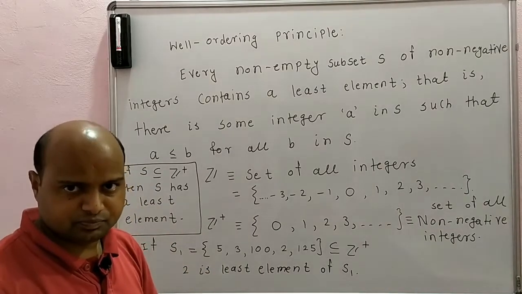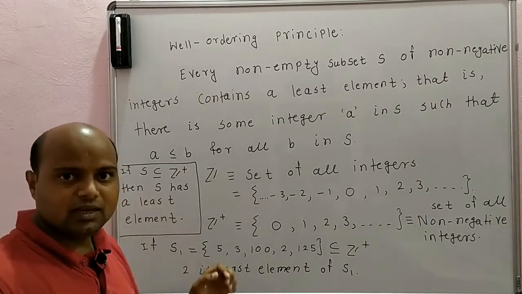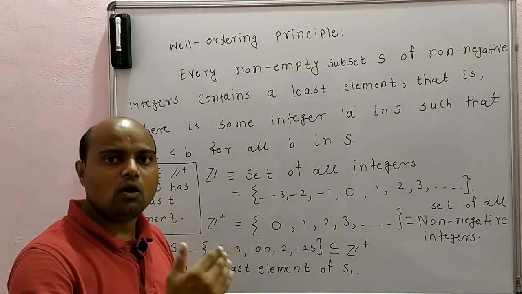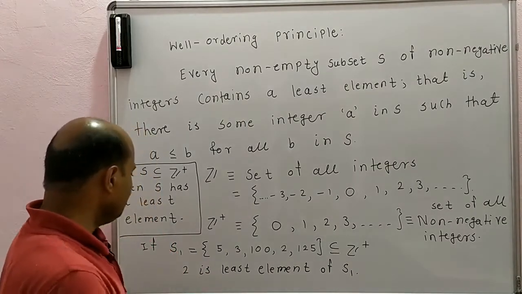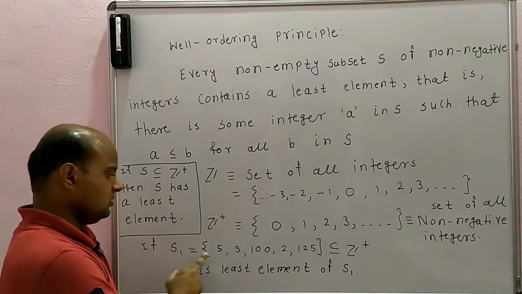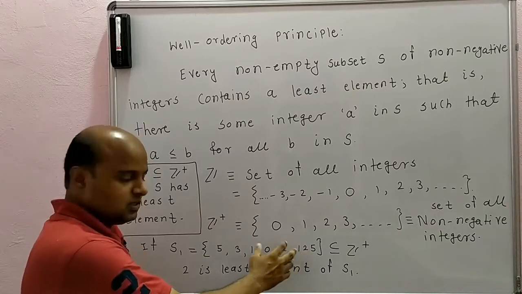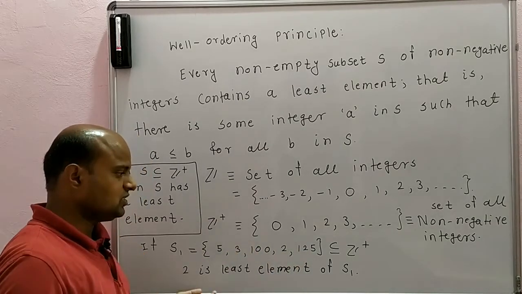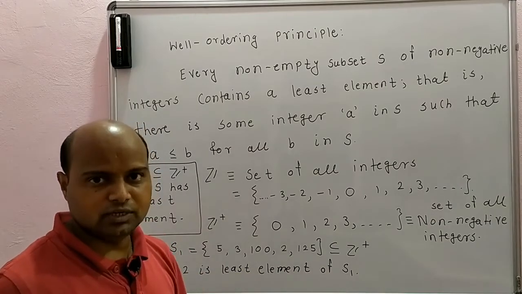That is, there exists an element A in S such that A is less than or equal to all other elements of S. We will see, for example, if we take S1 to be the set 5, 3, 100, 2, 125, this is a set S1 which is a subset of Z plus, the set of all non-negative integers.